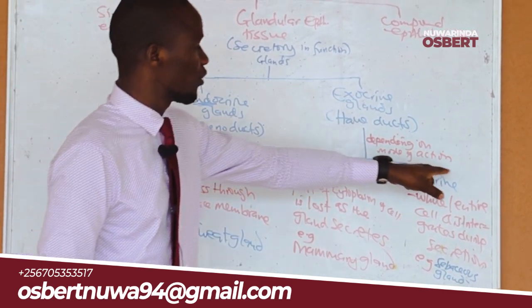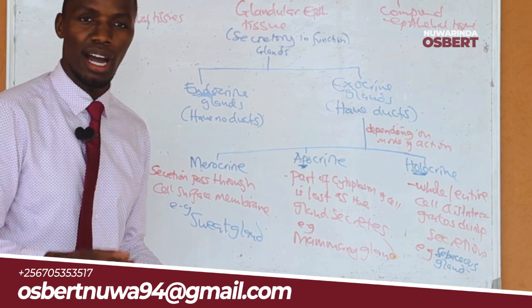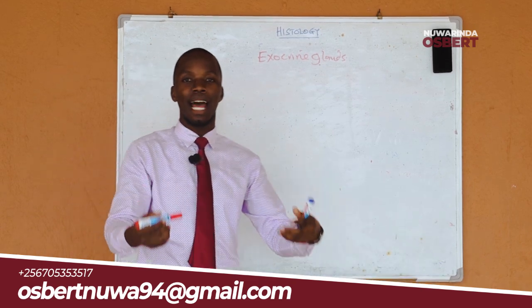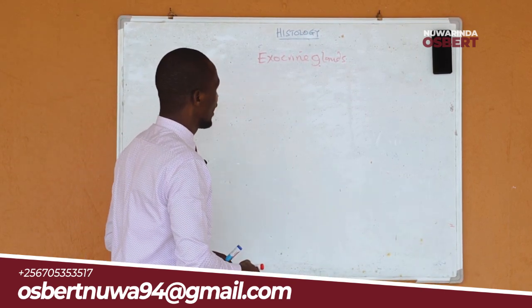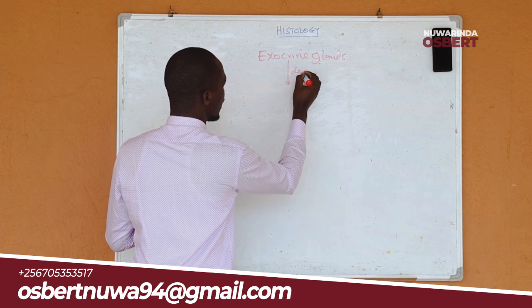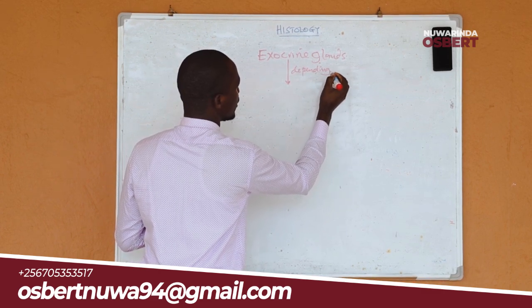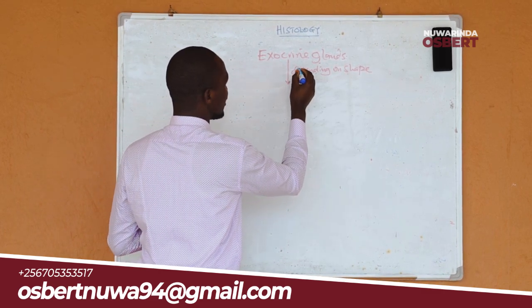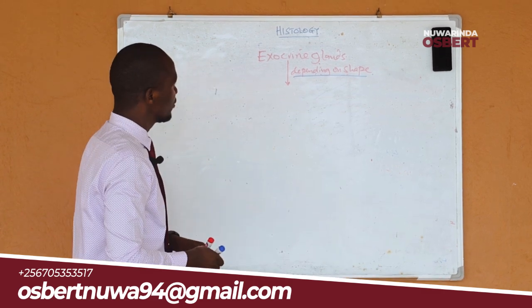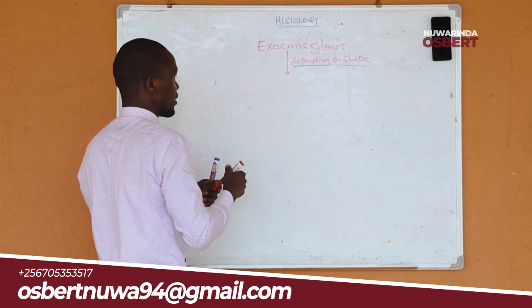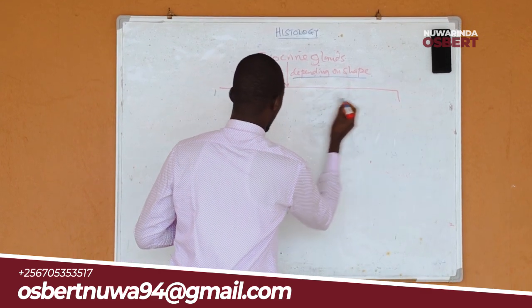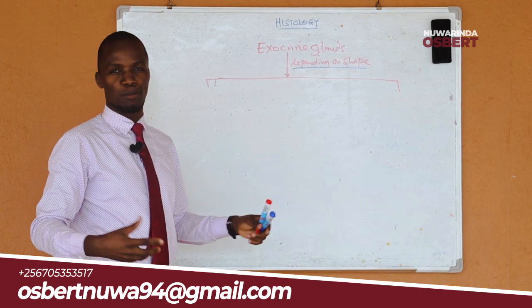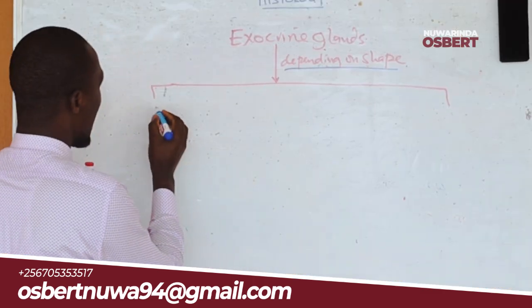Apart from the mode of action, we have another way exocrine glands are categorized, and that is depending on the shape of the gland. We can have exocrine glands in the following categories. One, we have a gland which has this shape here. I'm going to use shapes here.